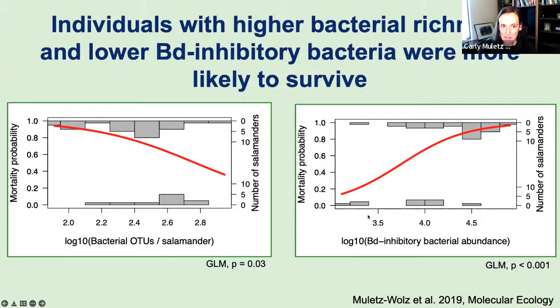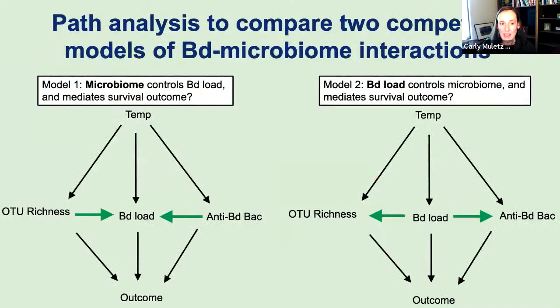So this got me thinking about, well, what is going on here? And it took me a long time to think through this. And what became apparent was that it was really critical to think about what's going on with the BD load, right? So is it the microbiome that's protecting the salamanders, or is it that the BD is changing the microbiome and you think it's the microbiome?